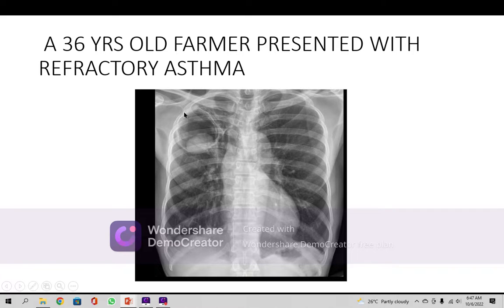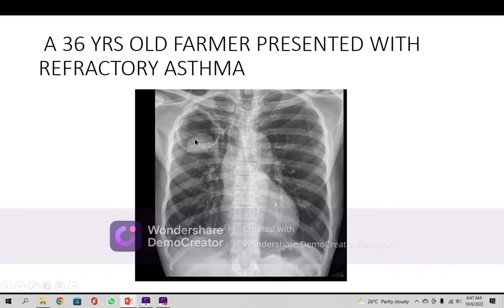Now this is again a rounded lesion. It has a wall. The first layer is this. The second layer is there, with air inside. And the third point is that inside it there is a globular opacity which is hanging. It is a whorl appearance. One layer, two layer, three layer like this.